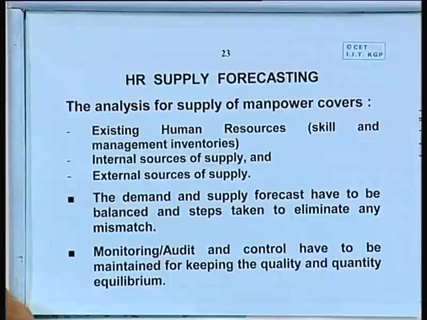Monitoring, audit and control have to be maintained for keeping the quality and quantity equilibrium. So, this is the general process of human resources planning. To sum up, HRP consists of trying to estimate what will be the required need of human resource in the future, maybe 1 year, 3 years, 5 years, and how to implement it.